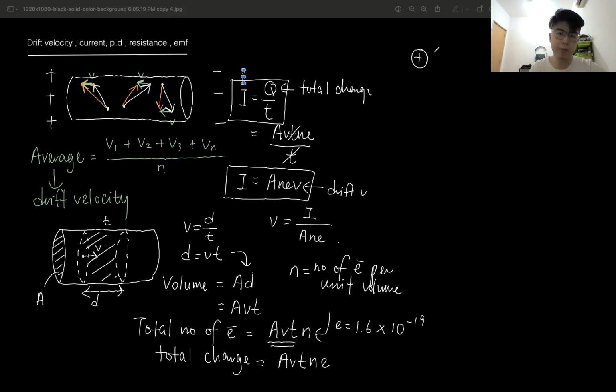We have a positive charge flowing from left to right. Here we look at why it should flow in the first place, because there is a potential difference created. Let's say I put positive charge here, and then negative here. Now, when I put a test charge in, the positive charge is repelled and will move to the right.